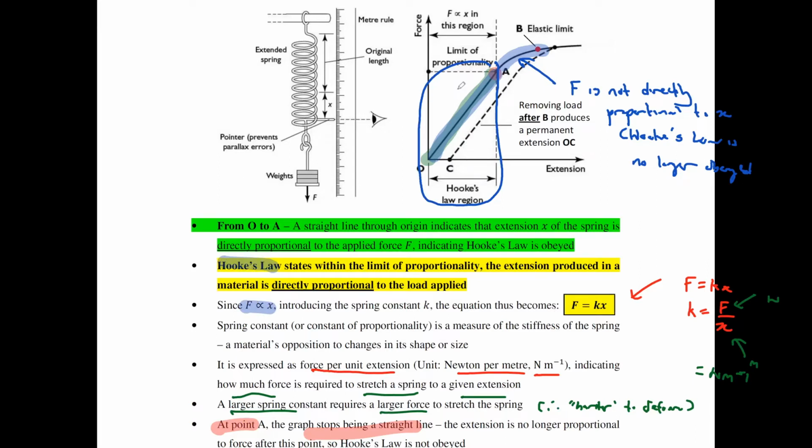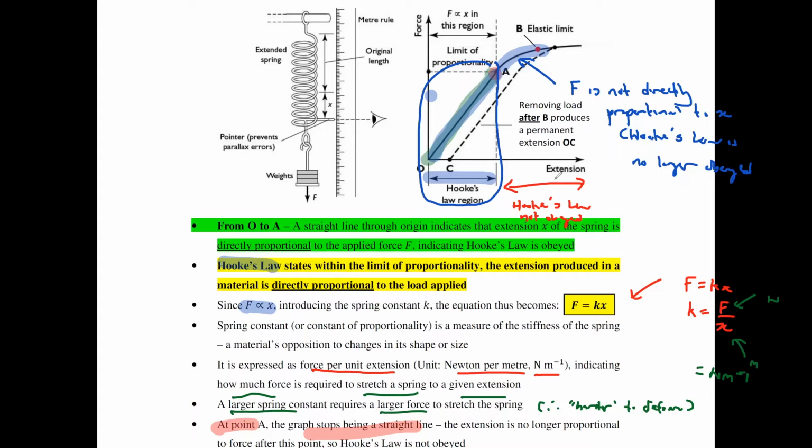Only up to this part, Hooke's law is obeyed, but after that, Hooke's law is no longer obeyed. If you want to, you can write it here somewhere like this: Hooke's law not obeyed.